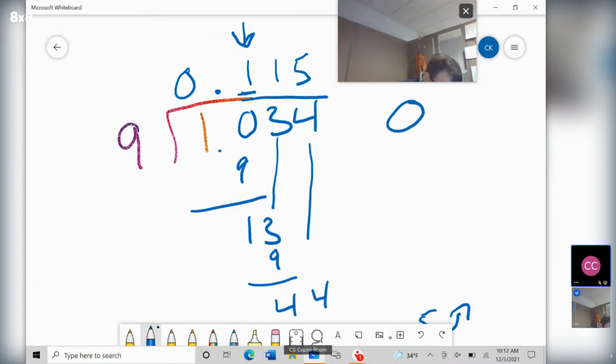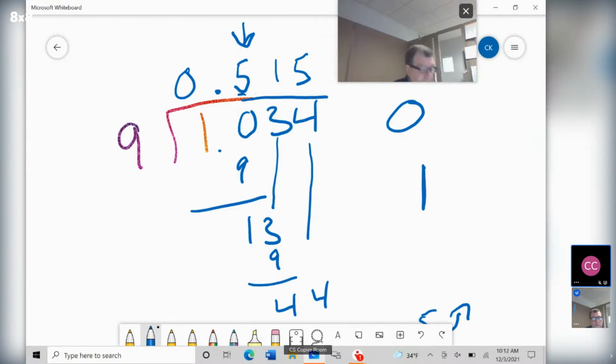But if this number right here, where the arrow is, let's say if that was 5, if it was 0.515, it asks you to round to the nearest whole number. Since it's 5 or more, the answer then would be 1, because we'd round up.